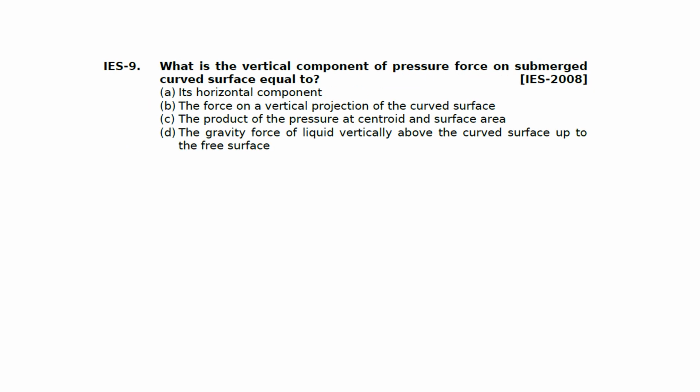So the answer is B. Next question. What is the vertical component of pressure force on a submerged curved surface equal to? Options: the force on the vertical projection of the curved surface, the product of pressure at the centroid and the surface area, or the gravity force of the liquid vertically above the curved surface up to the free surface.